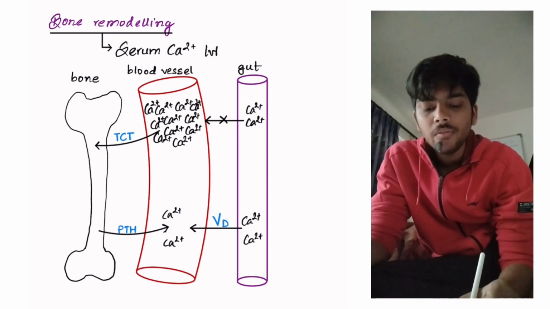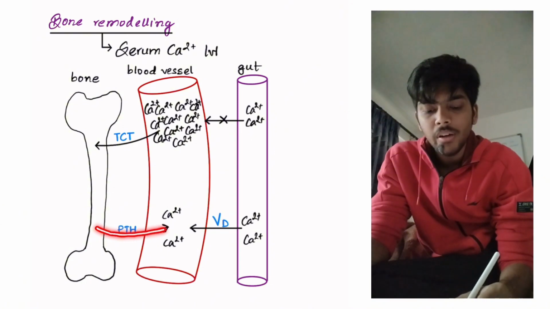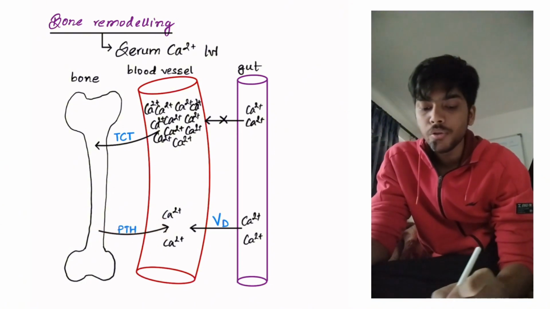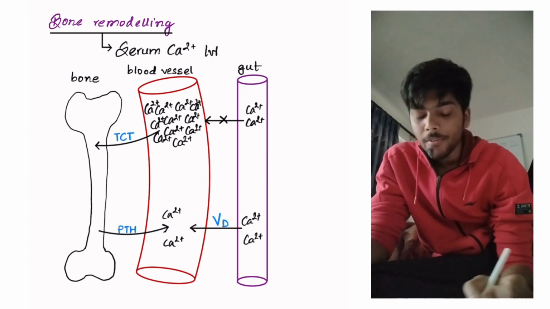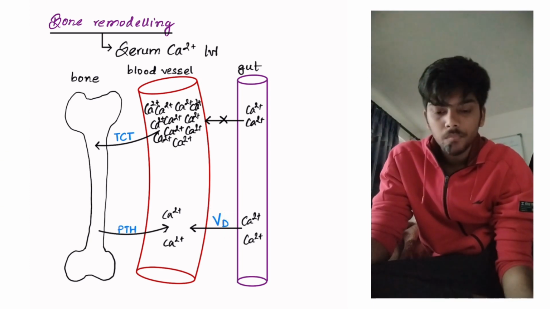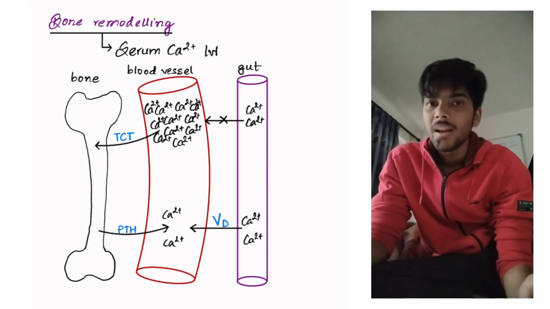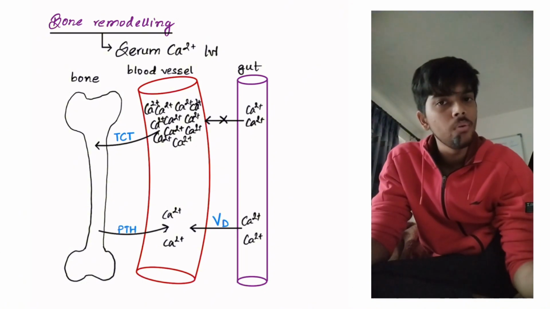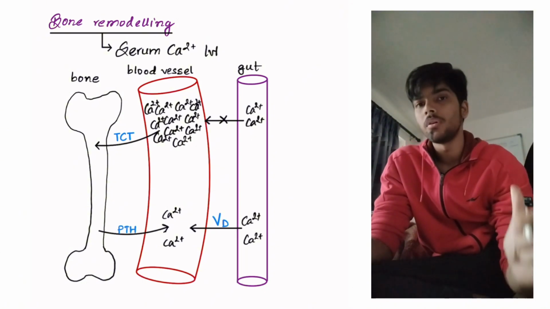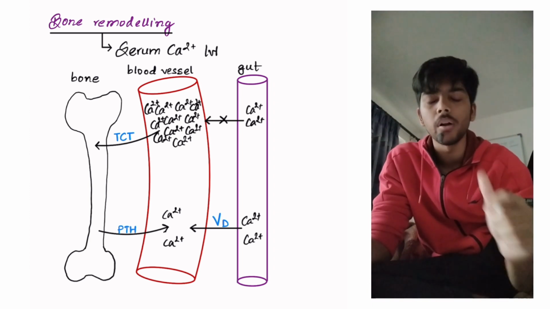And the calcium ion from the bone gets deposited into the blood. Parathormone also promotes absorption of calcium from your gut. However, vitamin D is required for the absorption of calcium. And this increases the level of calcium in the blood, bringing it back to normal. So this is the first concept that you need to know, the concept of bone remodeling.